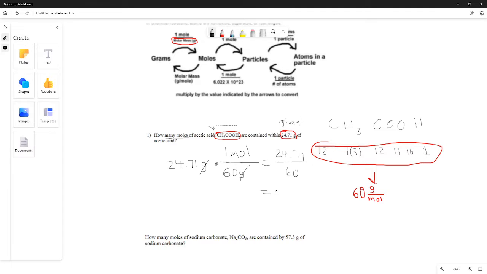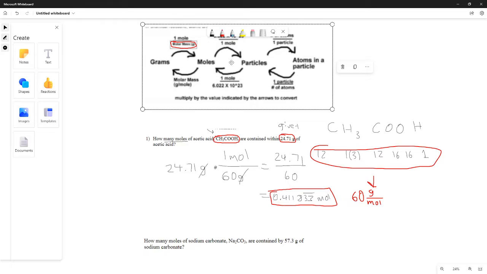If I put it in my calculator, we get 0.41183 repeating moles. So this is our final answer. There are this amount of moles in 24.71 grams of acetic acid.